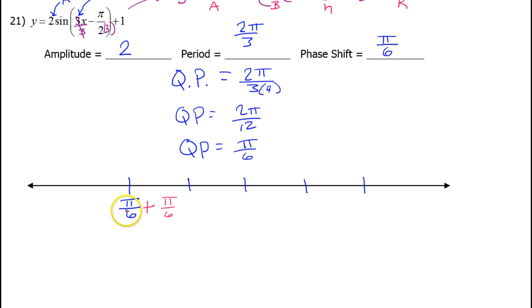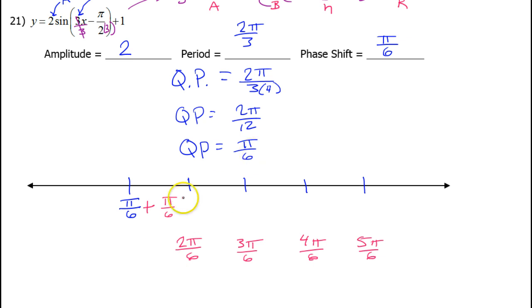So 1 pi over 6 plus 1 pi over 6, you can probably see that that's going to be 2 pi over 6. I'm not reducing yet because I want to keep adding pi over 6 over and over again. If I added another pi over 6, that would be 3 pi over 6. And then 4 pi over 6.